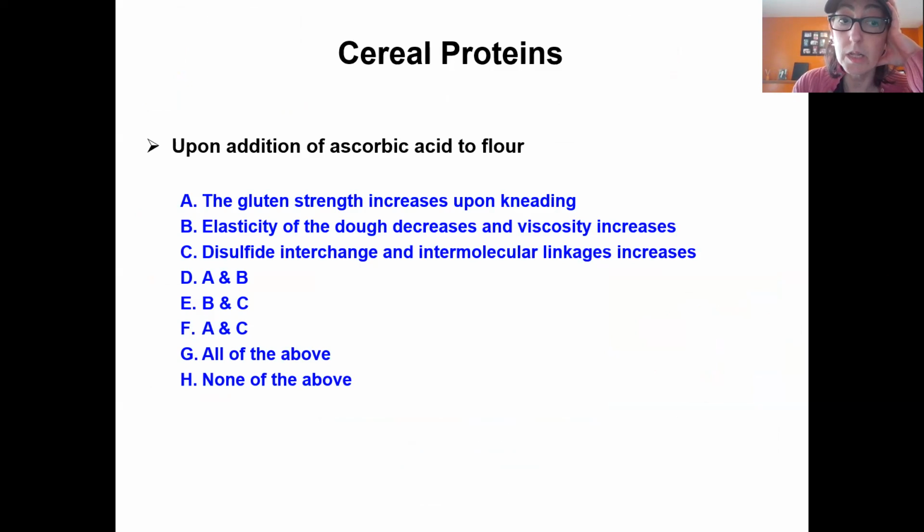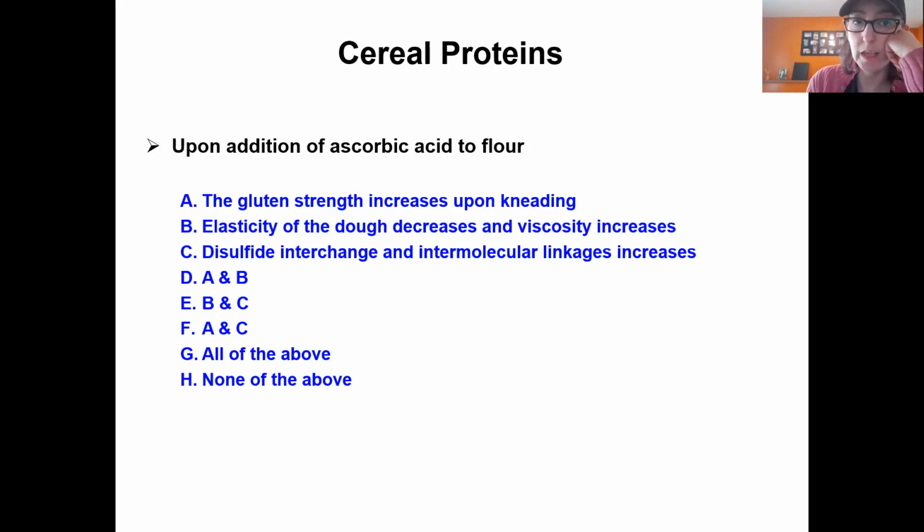And this is for the addition of ascorbic acid: the gluten strength increases upon kneading, the elasticity of the dough decreases and viscosity increases, and/or disulfide interchange and intermolecular linkages increase.